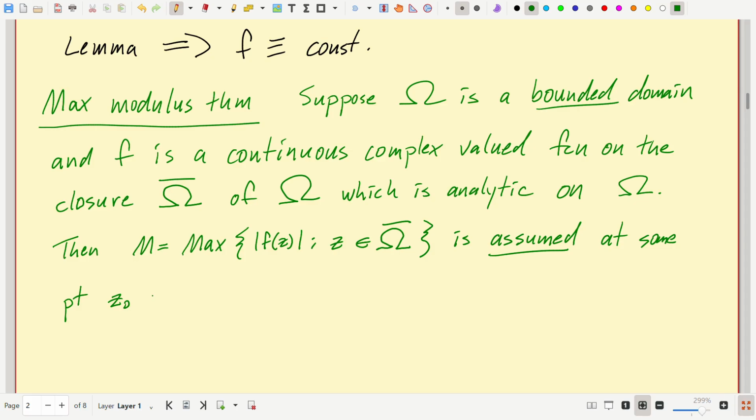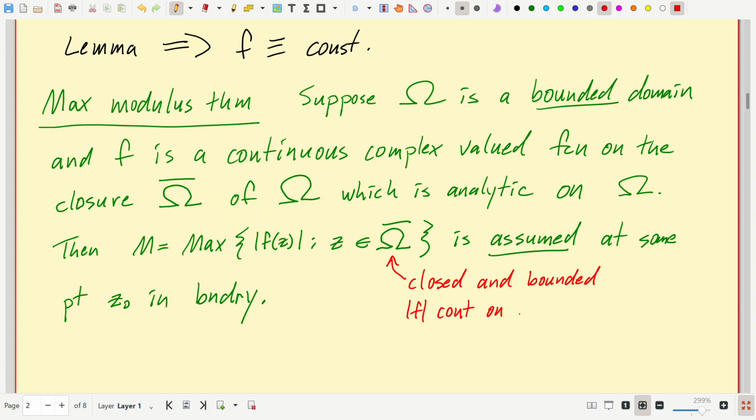I'll call it z naught in the boundary. Note, this is a closed and bounded set, so the maximum is attained. F continuous on, or say the modulus of f is continuous on the closure.